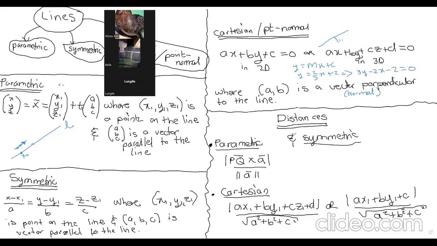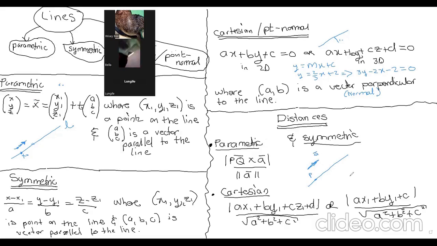And then the last thing we need when it comes to lines is we need to be able to find a distance. You might have a line like this, and say you have a point here, P. And then of course you need a vector every time to describe a line. Let's say the vector is called the vector A, right?